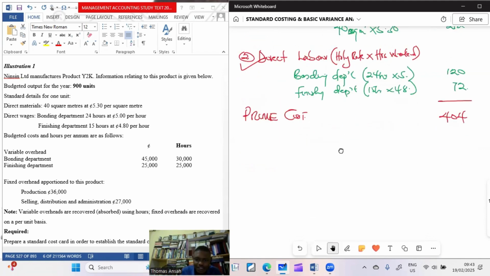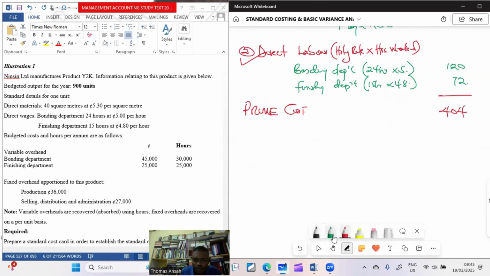Then the next thing is my variable overheads. So that is what I was talking about. So here, let me put this one in. So we have variable overheads. Now, since I'm doing the overheads, in marginal costing, we bring in variable overheads.